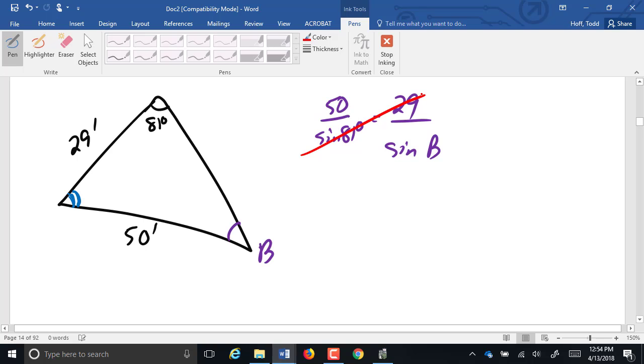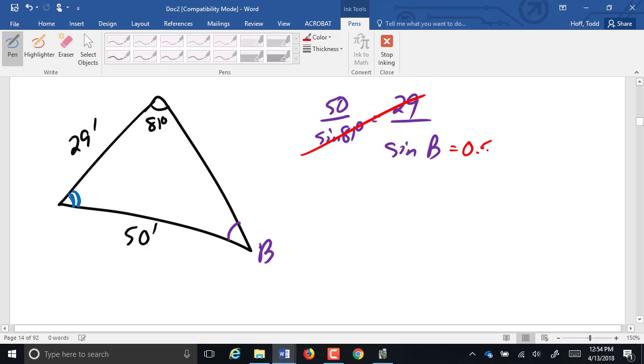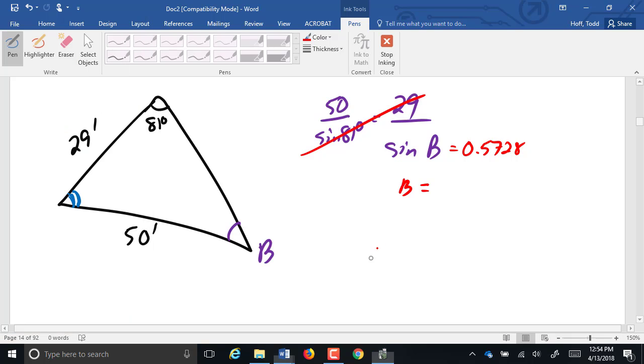So sine of 81 times 29 divided by 50 gives 0.5729. So of course we have to do an inverse sine, giving us 34.95 degrees.